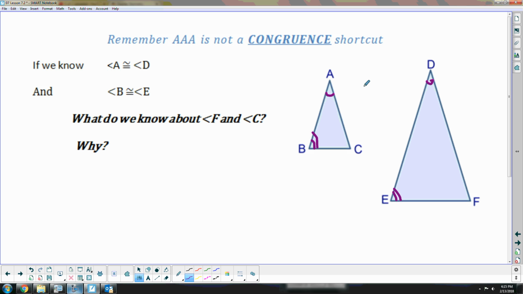Triangle ABC clearly looks very much smaller than triangle DEF. So these are not congruent triangles. But what do we know about them? So if angle A and angle D are congruent, if angle B and angle E are congruent, what's true about angle C and angle F?